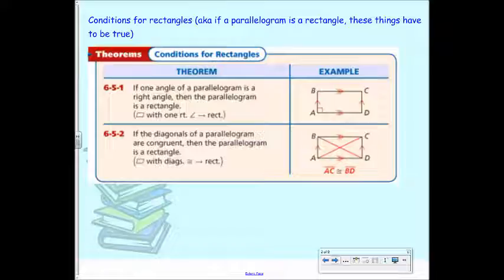What do we know about the angles in a parallelogram? The opposite sides are equal. No. Oh, yeah. The opposite angles are, okay, so if this is 90, what does this have to be? Okay, all right.